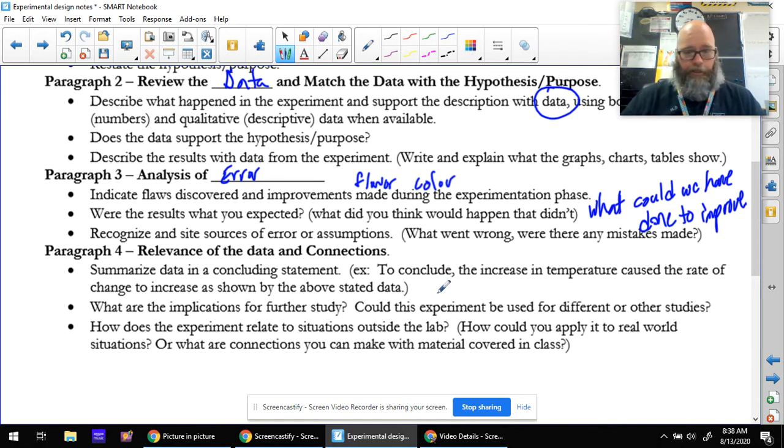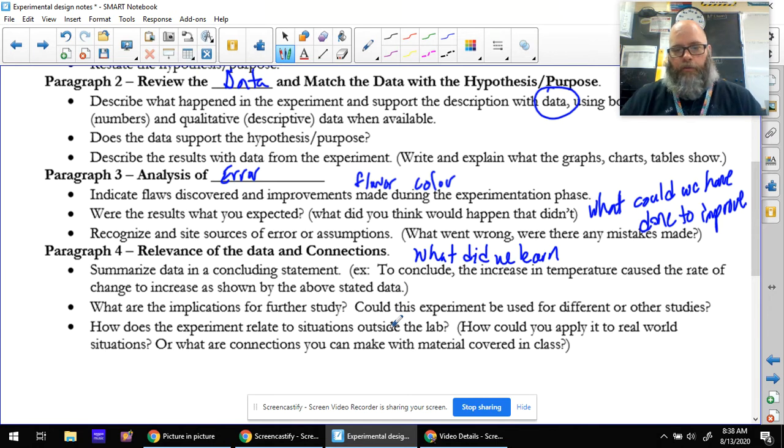And then last but not least, we want to answer the question of what did we learn? Okay, what was it that we got out of this experiment? And it may be that it just points us toward further investigation, that we didn't learn very much.